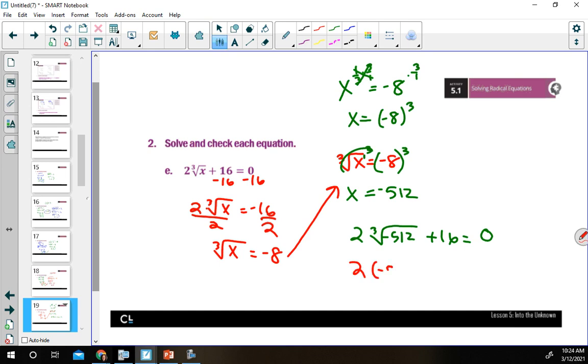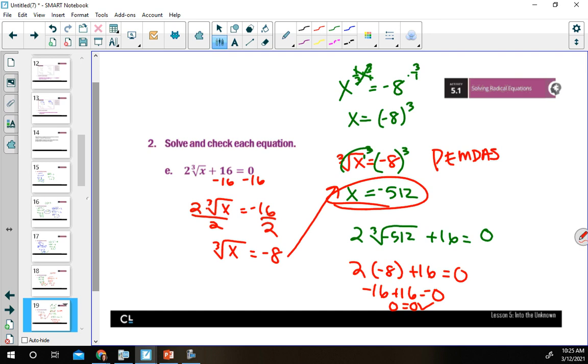So 2 times -8 plus 16. Okay, 2 times -8 is -16. -16 plus 16 is 0. Okay, so notice I did my PEMDAS again. In my parentheses first, that's why I did 2 times -8 to get my -16 to then add it. All right, so that one was good to go. So he was a fine answer.